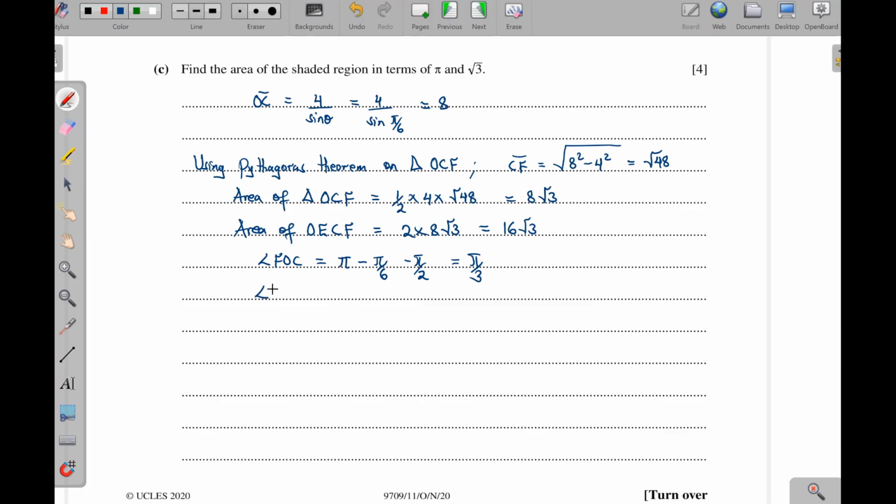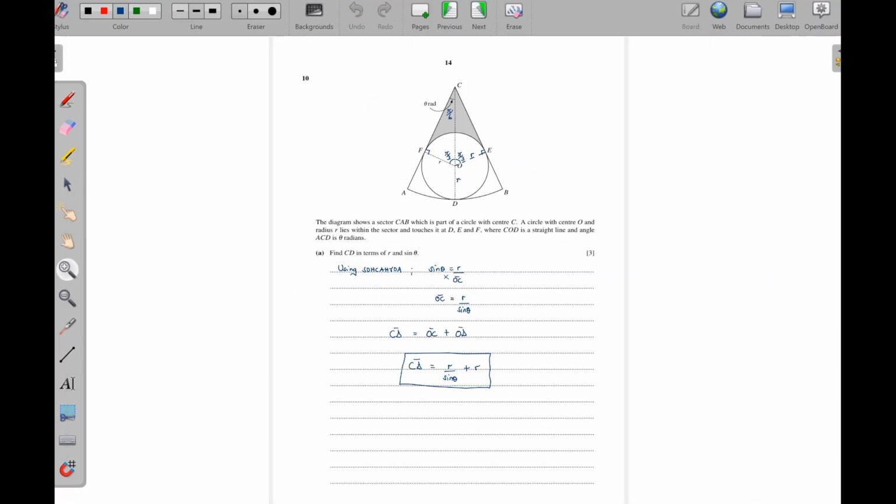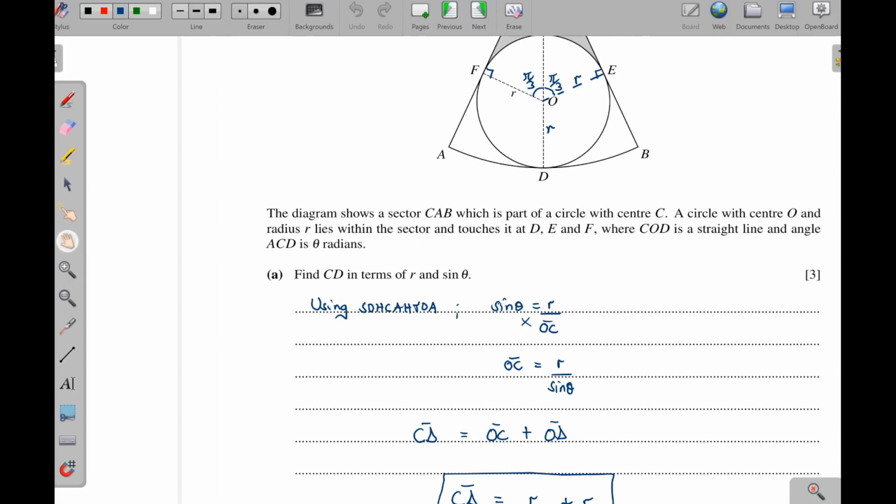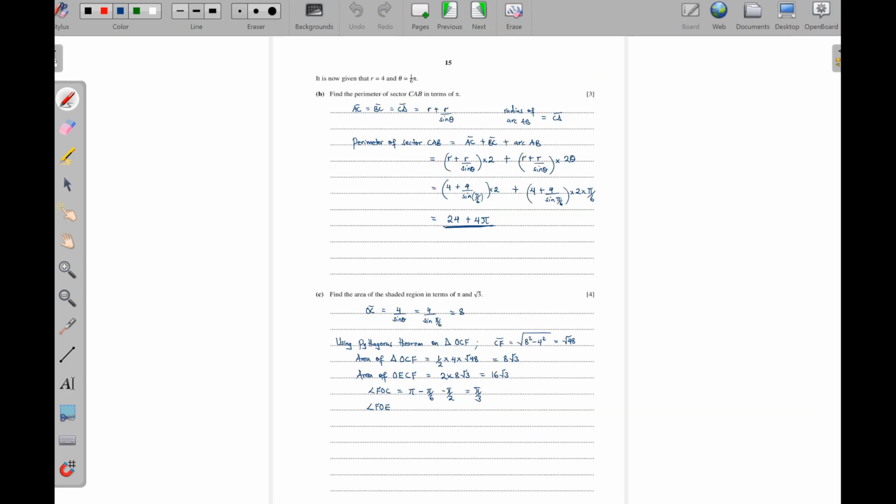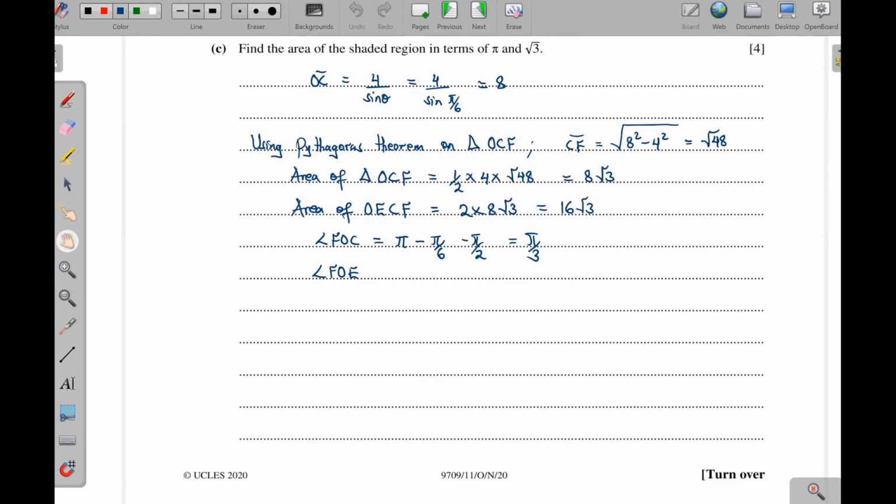So meaning angle FOE, this angle here, FOE will be twice that, okay? So that one will be 2 times this pi over 3, like that. Then we get area of minor sector, the minor sector FOE, okay?